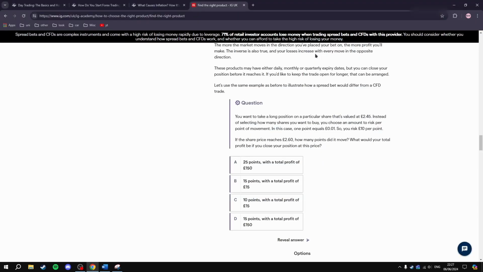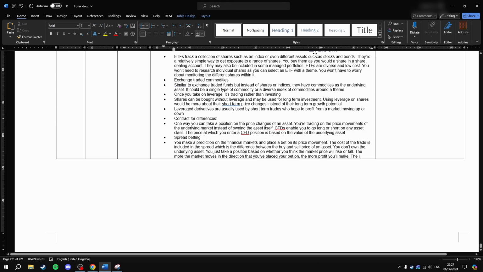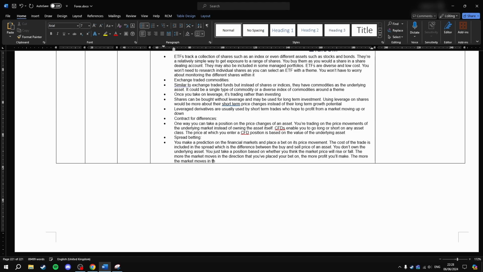The more the market moves in the opposite direction to your bet, the more you'll lose.